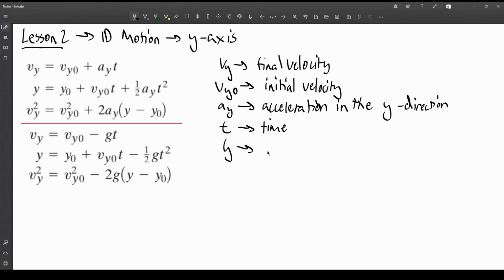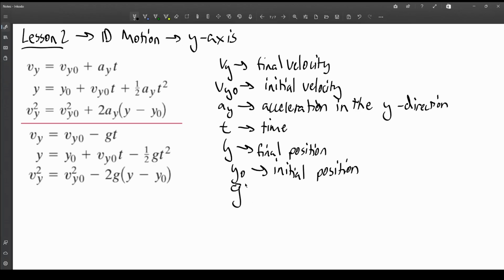Y is final position. Y naught is initial position. So now you may be asking, what's G?